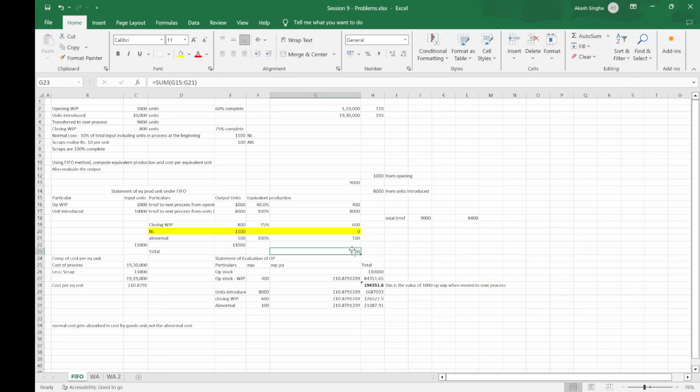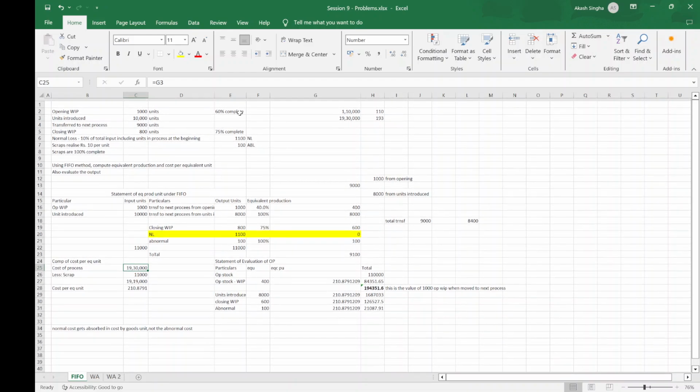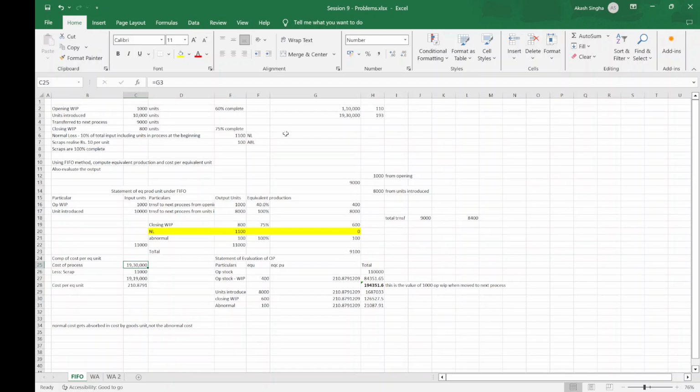Right. Now, if you understood this much, we have to calculate per unit how much it cost. So you have to calculate how much cost we incurred. 19,30,000 we incurred for the units introduced at the very beginning, and 1,000, 11,000, less scrap.